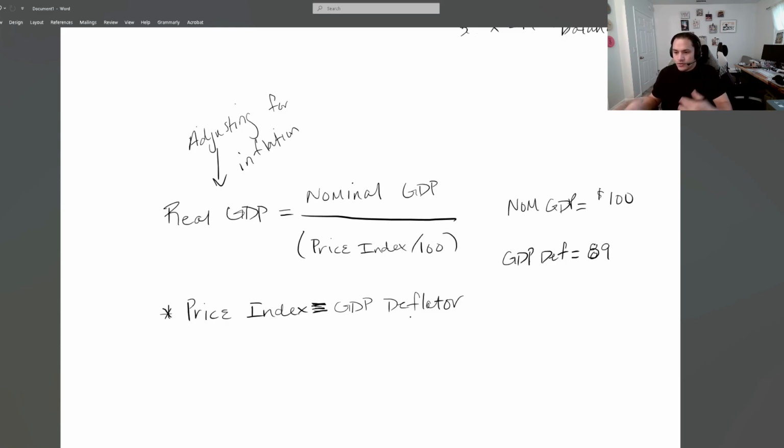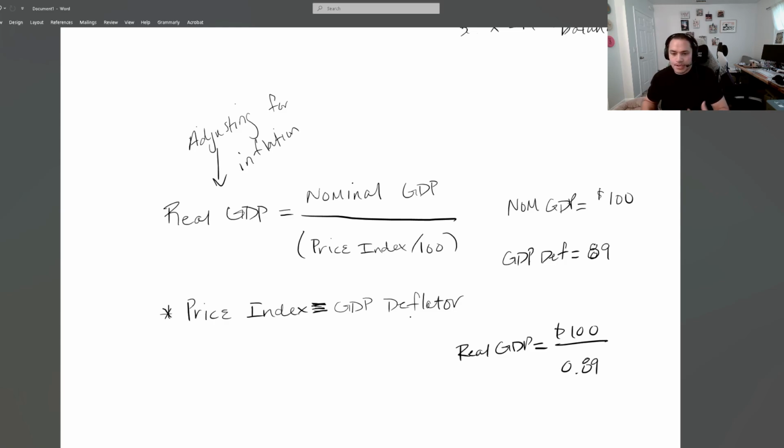All you're going to do from that point is calculate your real GDP. Make sure we're doing this denominator part first, and so I'll take my 89 divided by 100, and when I put that into my formula over here, I get 100 divided by 0.89.